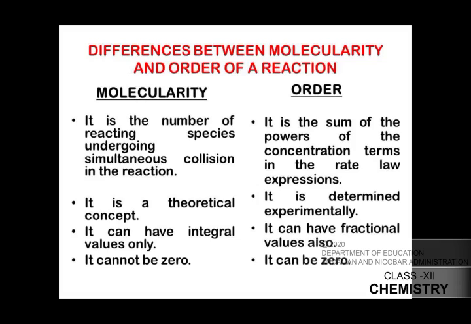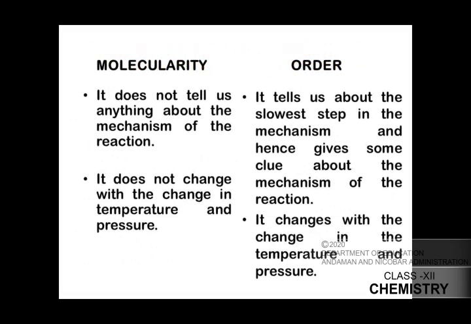Molecularity cannot be zero, whereas order can be zero. Molecularity does not tell us anything about the mechanism of the reaction, whereas the order tells us about the slowest step in the mechanism and hence gives us some clue about the mechanism of the reaction.